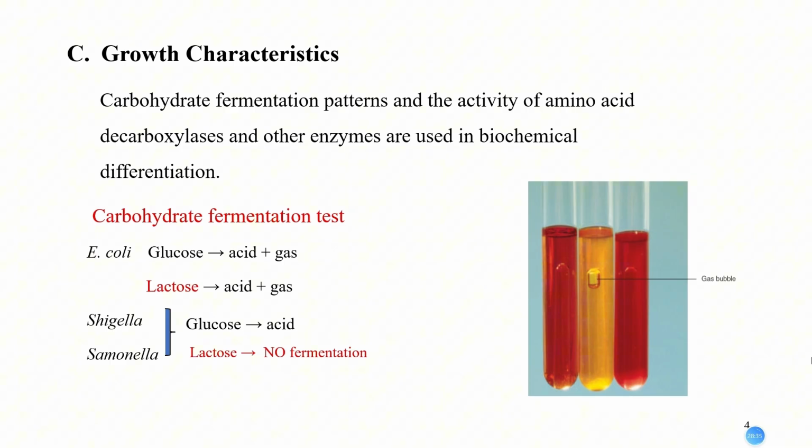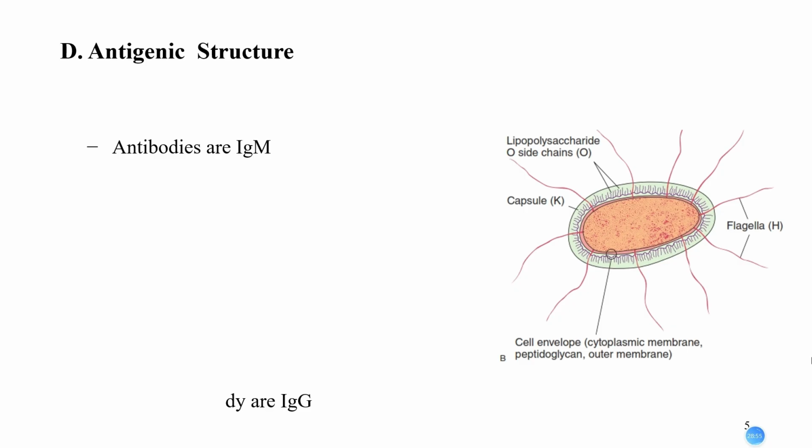And both of them cannot ferment lactose. So this carbohydrate fermentation experiment can give us useful information to help us determine what they actually are. Okay, so that's the growth characteristics.